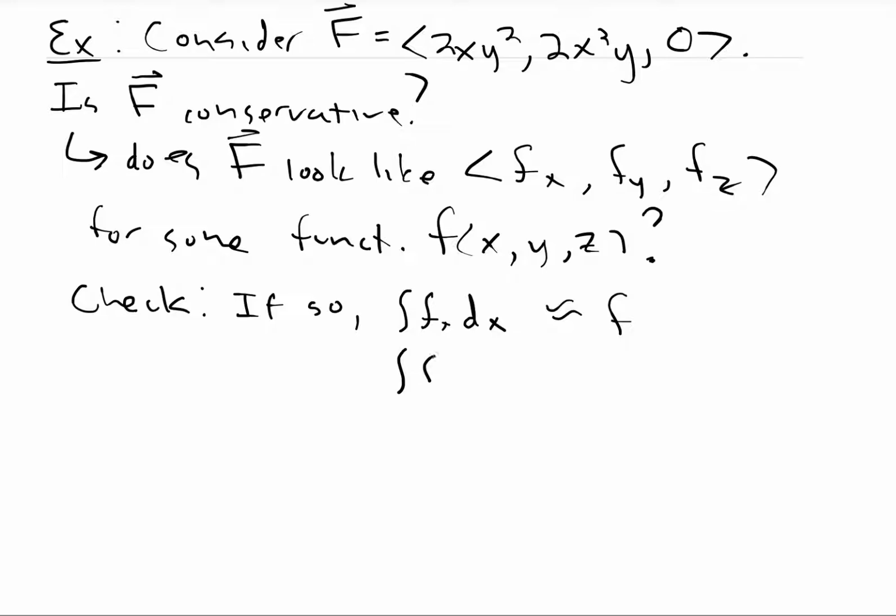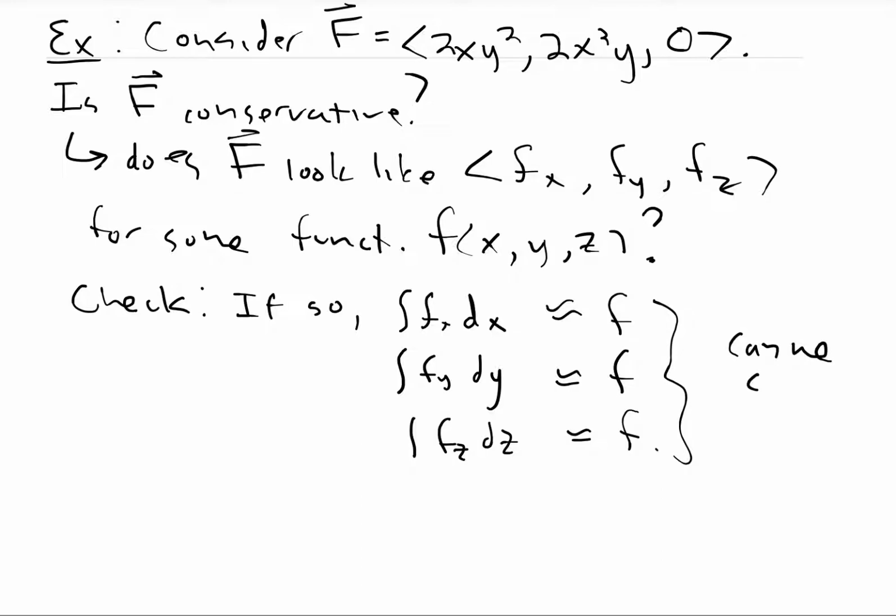Similar idea here. We would expect to take a partial integral with respect to y of our middle term, and we should expect that to give us f, and we should expect something similar with my z term to give us f. Okay, so let's see if we can find such an f, or do we try taking all of these antiderivatives and just get totally different junk back and this is impossible?